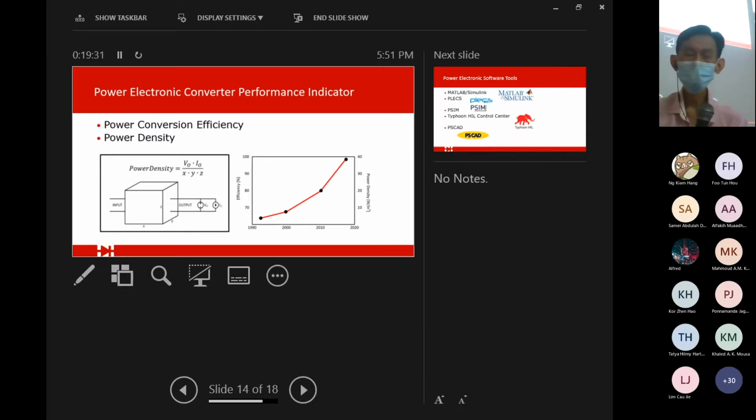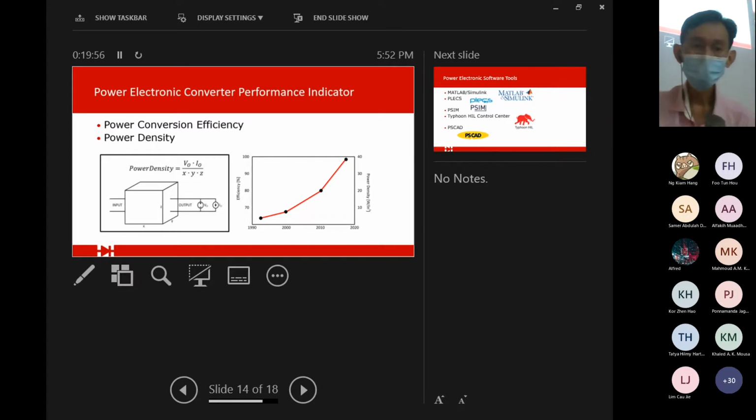Of course, theoretically there is no way to achieve 100%, there are always some energy losses. But nowadays achieving more than 90% is already the norm. That means if you have 100 watts in, your output after conversion should be at least 90 watts and above. So we call the efficiency 90%.